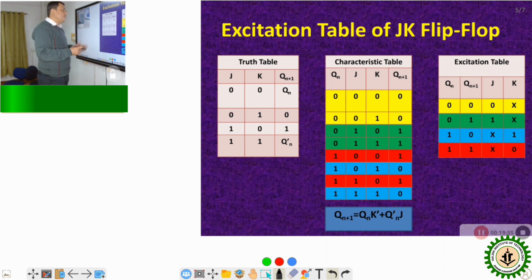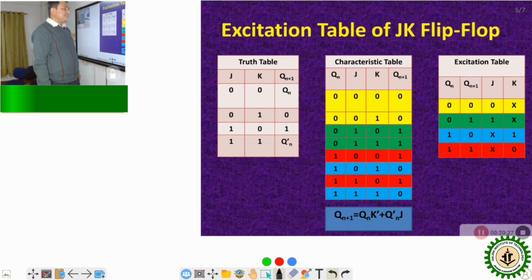Now we have to check the simple procedure: what are the combinations of J and K for both the cases? Here J is 1 for both the cases, but K is 0 for the first row and K is 1 in the second row. So for these 2, 0 and 1, we have to go for a don't care term. That is what we have done. For the 0 to 1 transition, we have taken 1 as J and don't care as K.